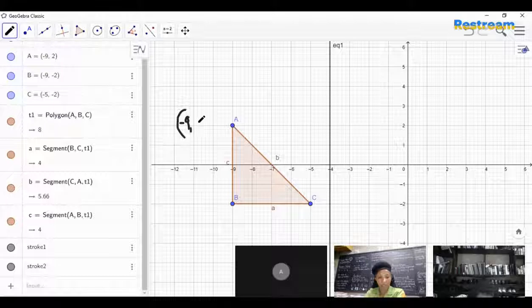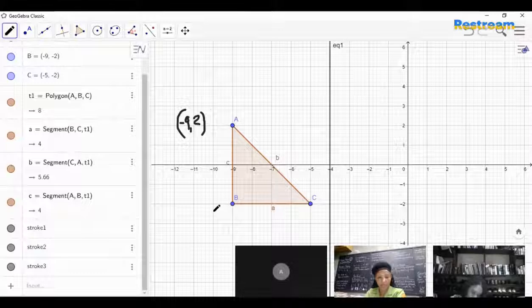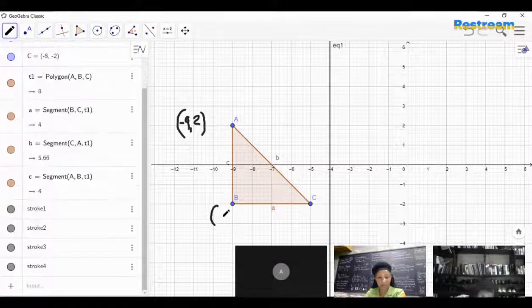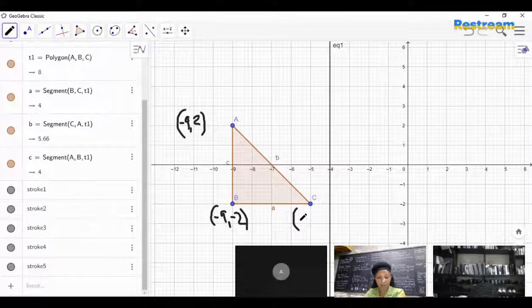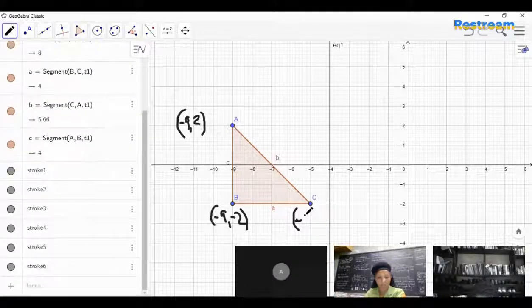Higher, go up 2. -9 and then we go up 2. And B is -9, -2. And C is -5, -2.